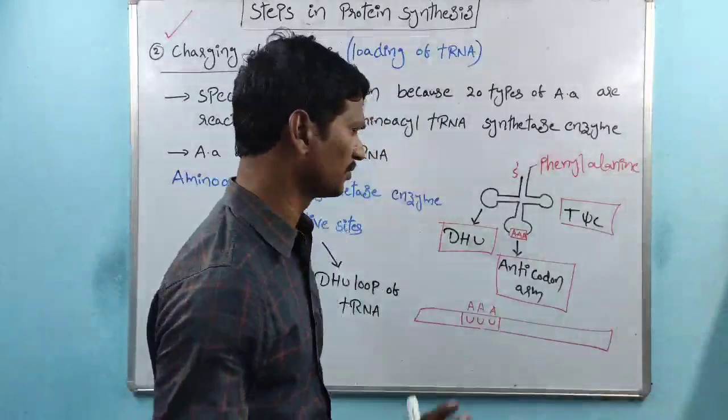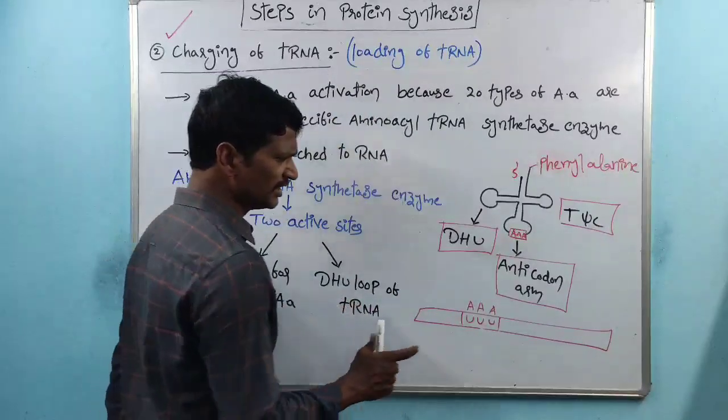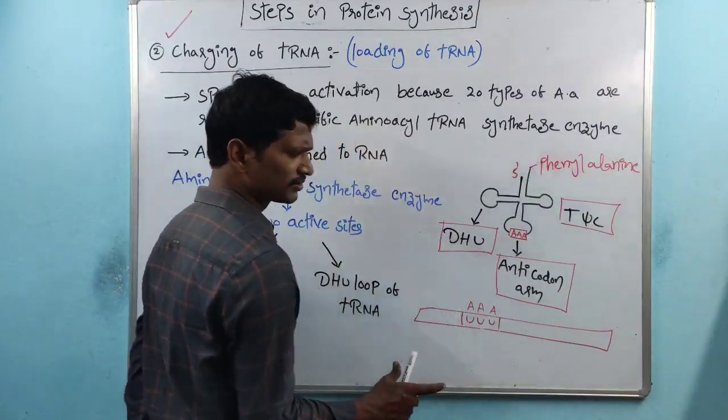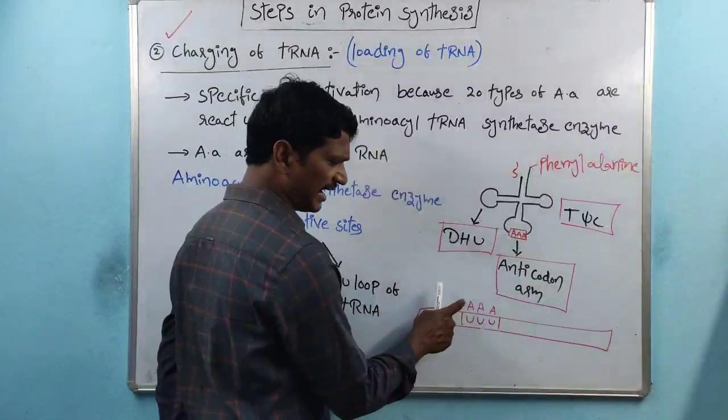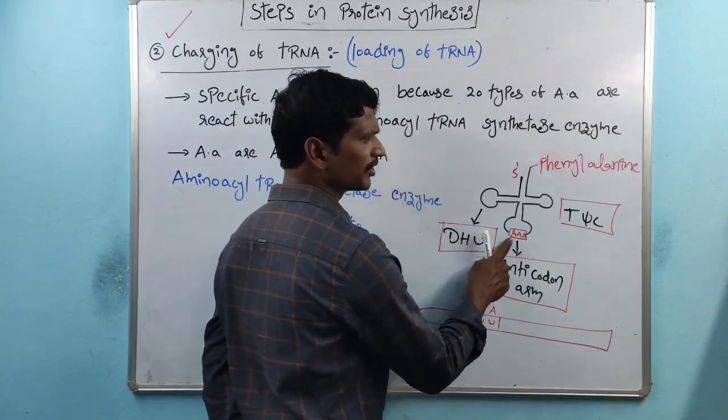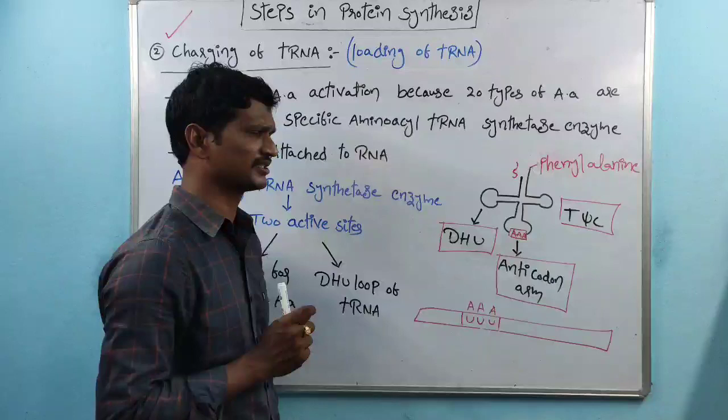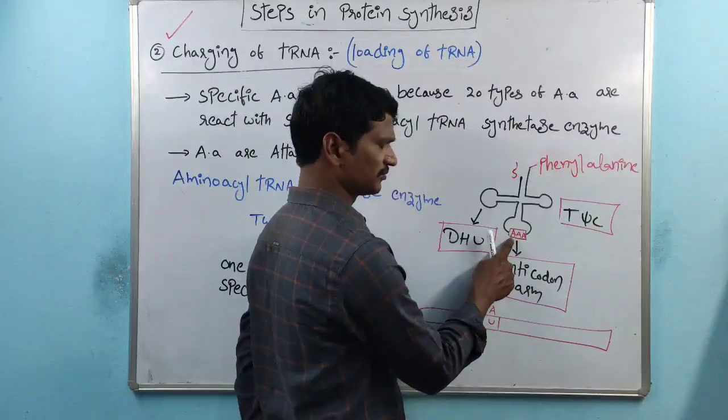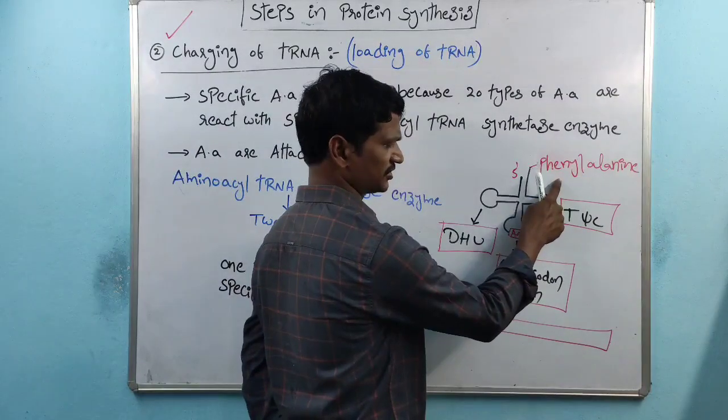So the concept is very simple. All of you remember, the mRNA contains codons. Codons are recognized by anticodons. Each anticodon codes for a specific amino acid. If the anticodon is changed, the specific amino acid is changed.